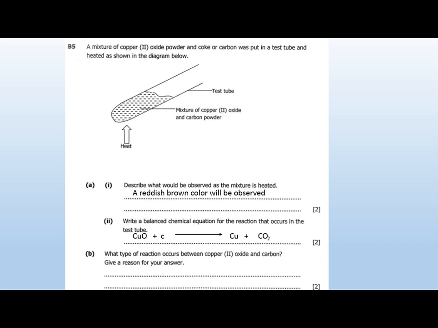So for us to balance this equation, we look at the oxygen among the reactants and products, and you find that the one being reacted is least. Here we're having one, then this side we're having two, so we can put a 2 before copper(II) oxide. Once we put a 2 before copper(II) oxide, that 2 also affects copper.